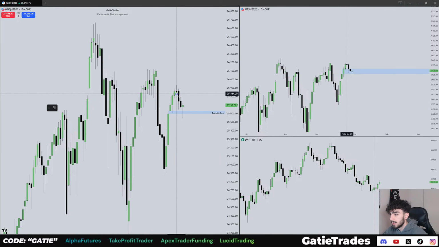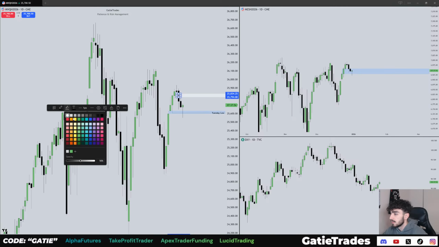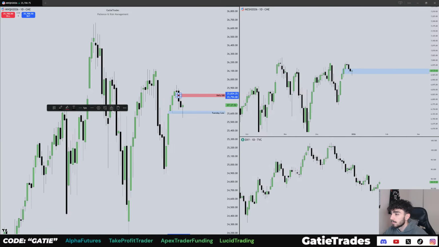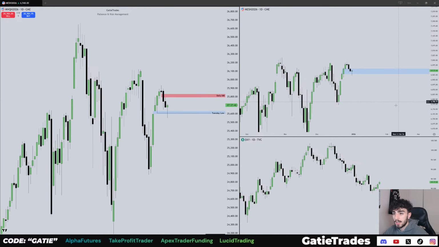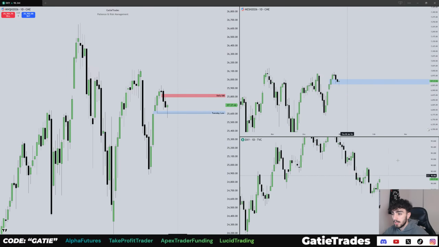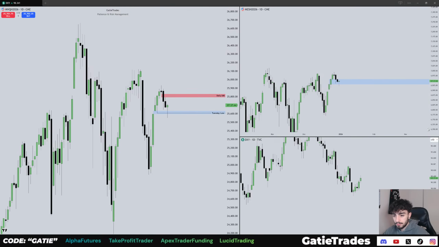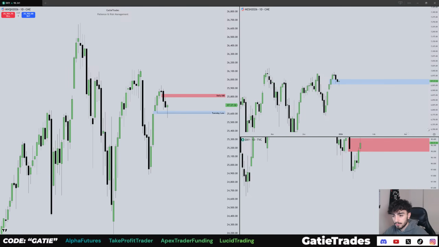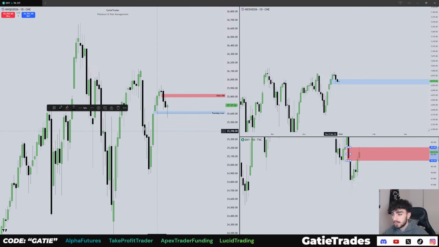This is where I would anticipate low-hanging fruit objectives. This is possible for today. And if you look at the dollar index, it also looks like it can potentially be bearish. So it kind of fits the narrative.